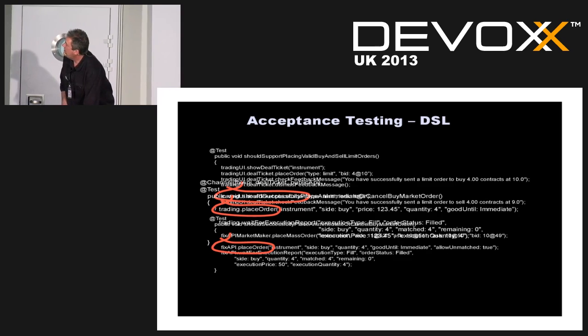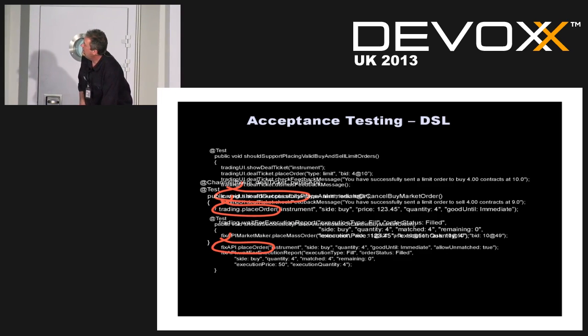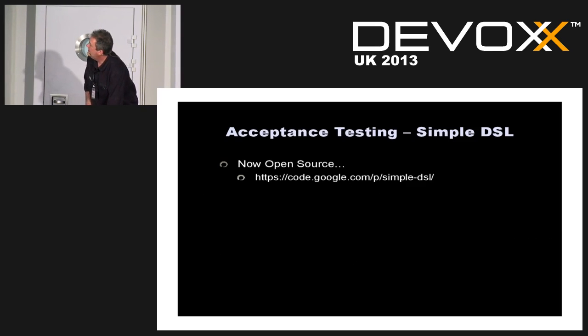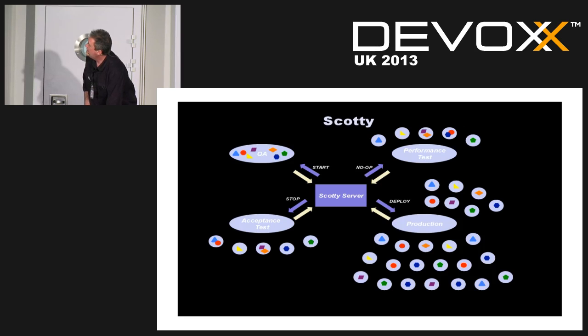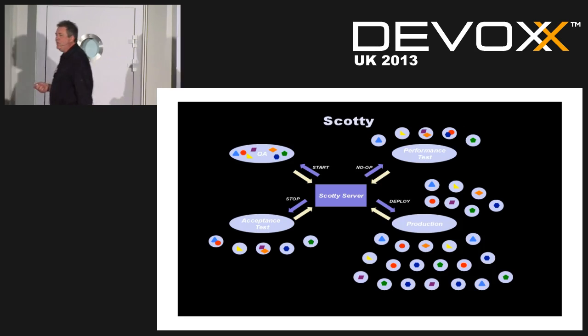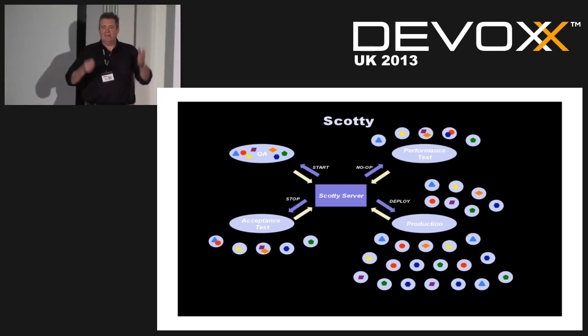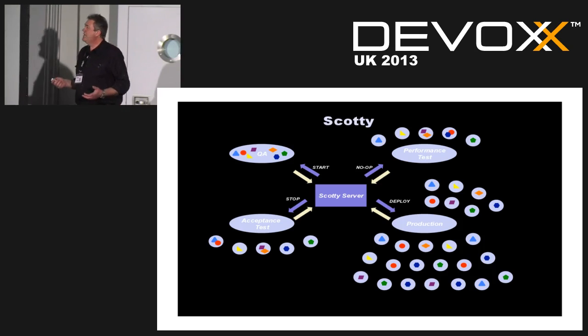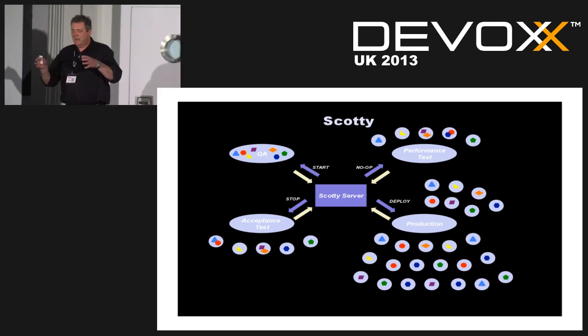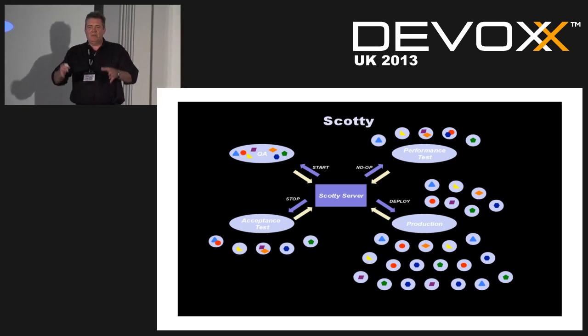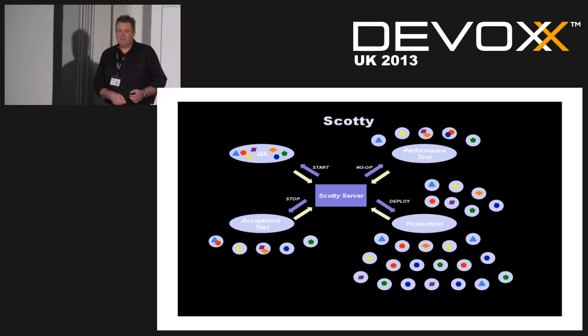This is the domain-specific language that we wrote for testing. Again, some interesting stuff. Okay, so our deployment system was called Scotty, as in beam me up, Scotty. It was very simple. Centrally, logically sitting on top of the artifact repository was a Scotty server.